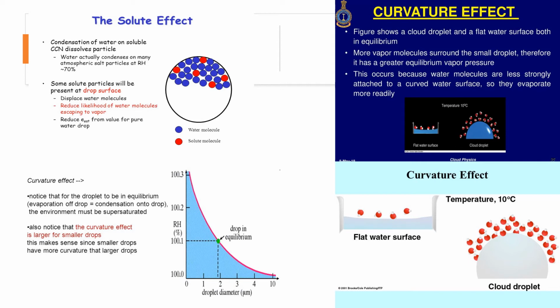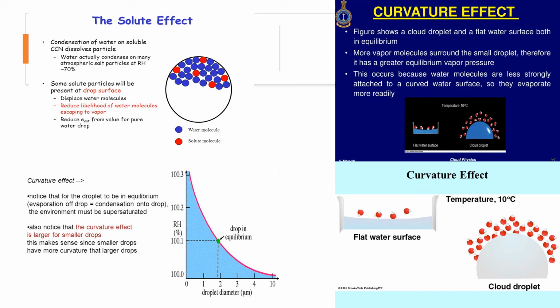So when we have hygroscopic condensation nuclei around us, even though the relative humidity is not 100%, condensation may occur around those nuclei.